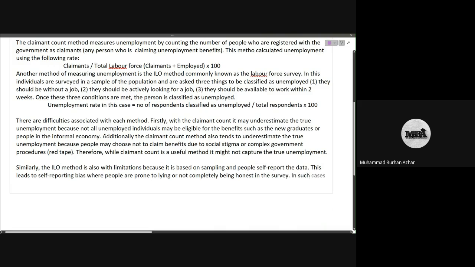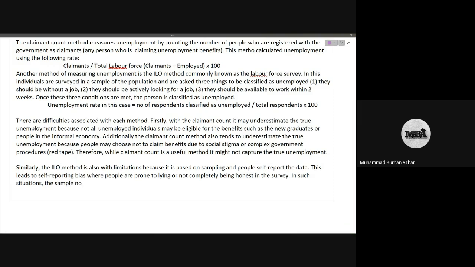In such situations, the sample no longer remains representative of the entire population.